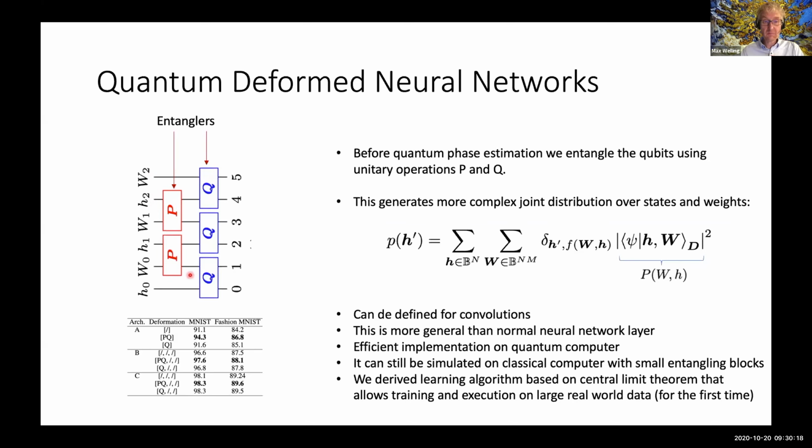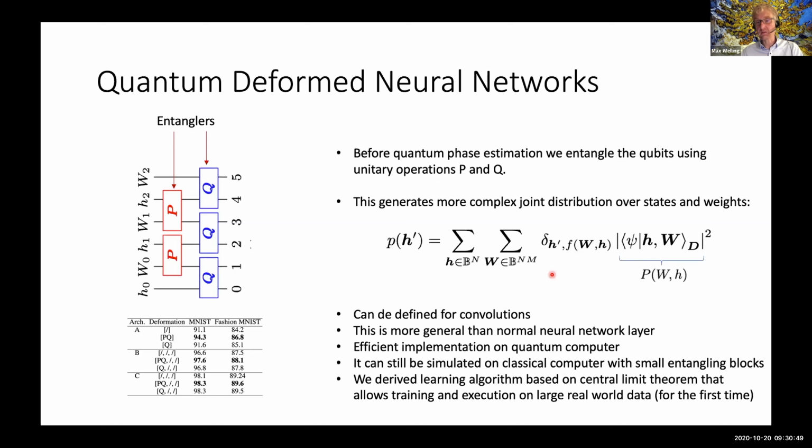And if you don't apply too many of them, and if the entanglement is only local, then you could still compute things nicely in a classical way. In fact, we use central limit theorem ideas to make this efficient and be able to backpropagate through these kinds of systems. If these entanglers get too large, then unfortunately only a quantum computer can actually compute them.